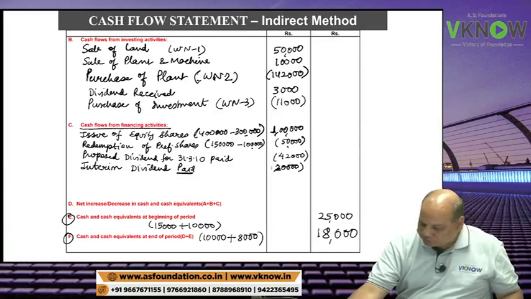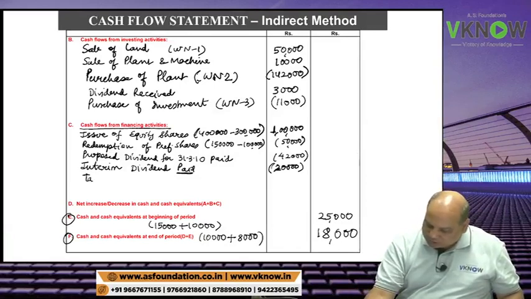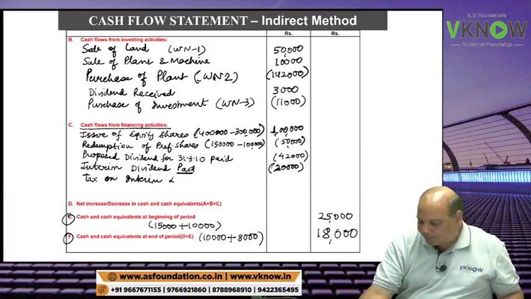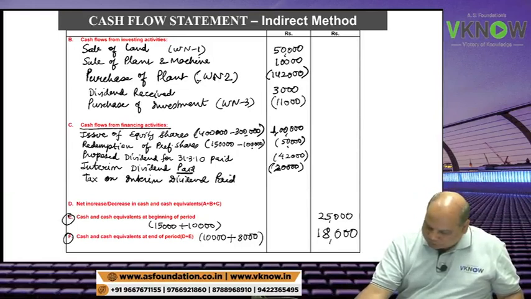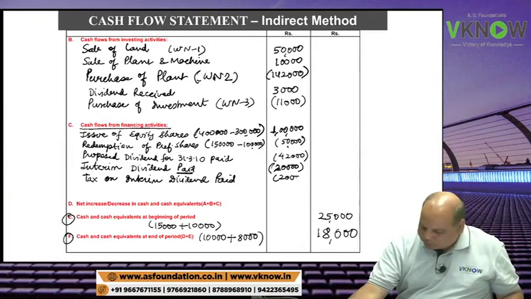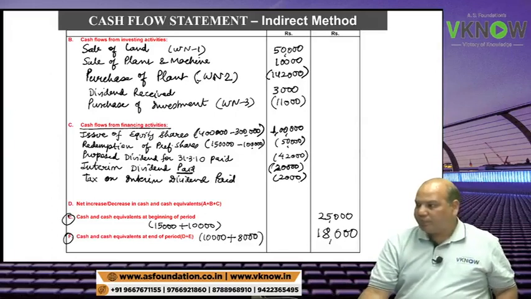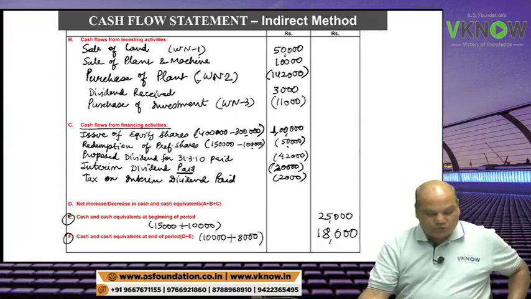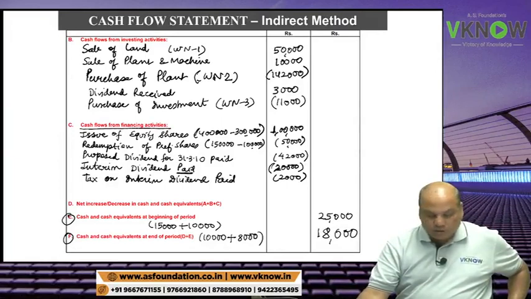Financing activity, tax on interim dividend paid, in bracket 2,000. So the second effect is over. Any query up to point number 4?